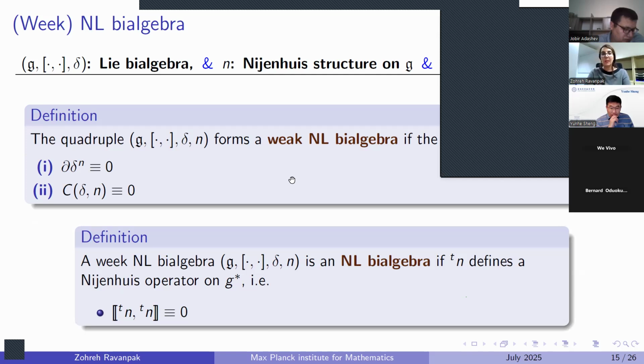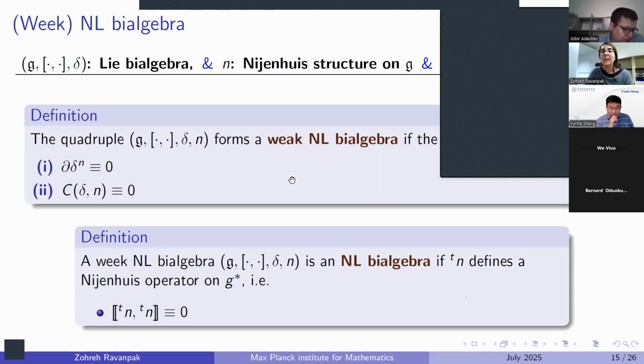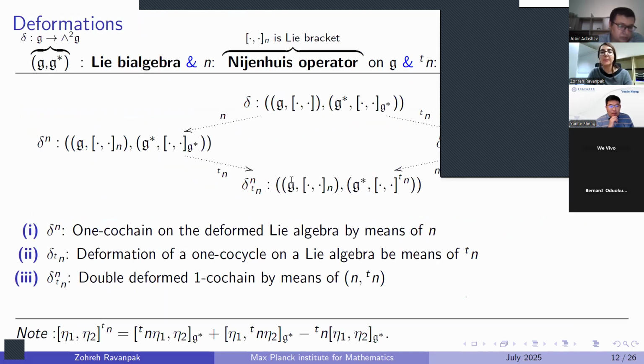Now, what I define here is that delta and n define an NL bialgebra if we have this diagram of compatible bialgebras, and those two compatibility conditions hold.